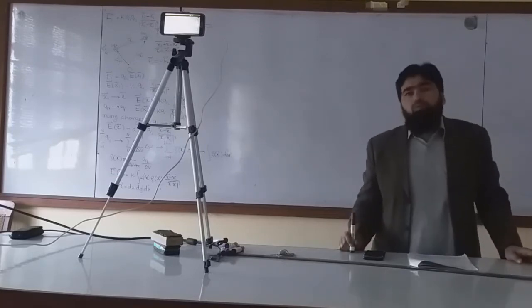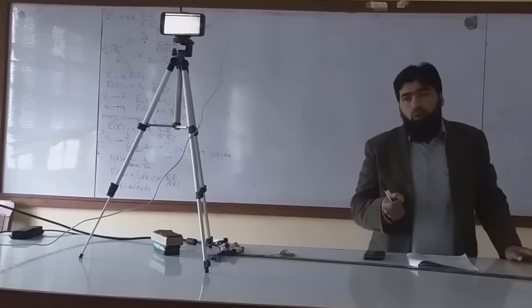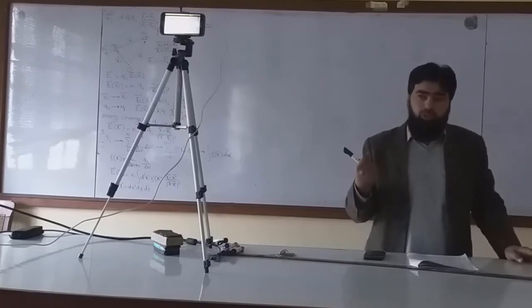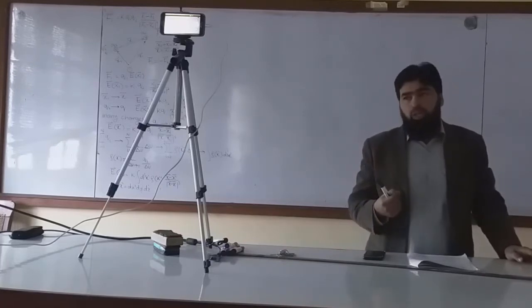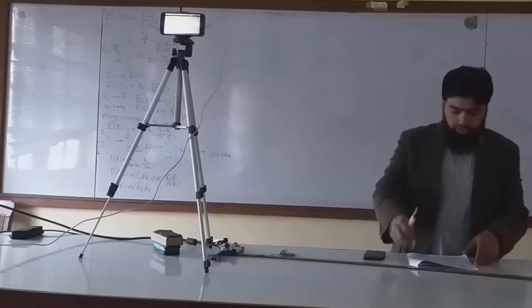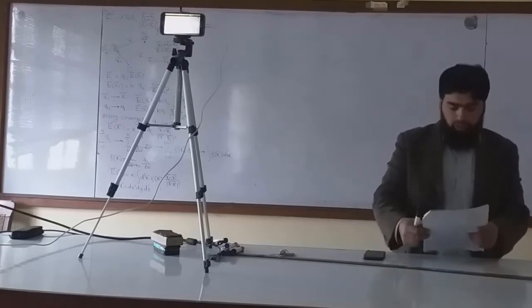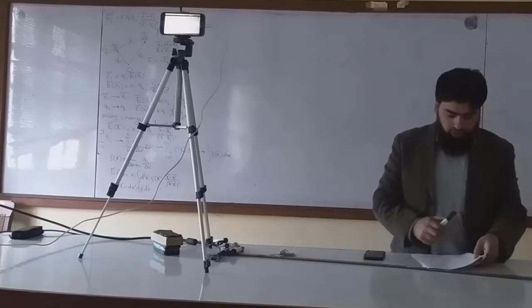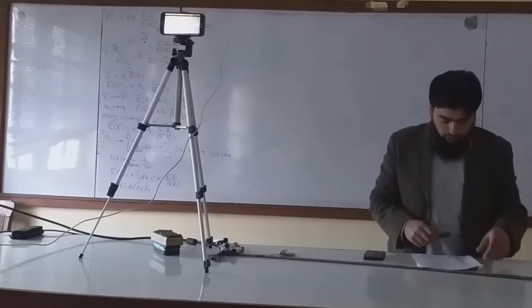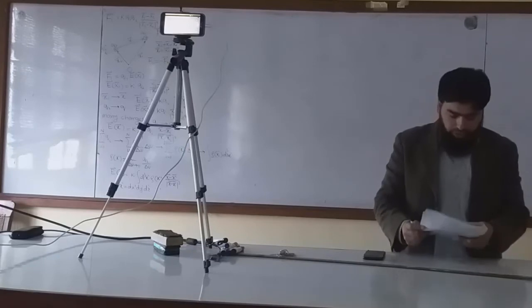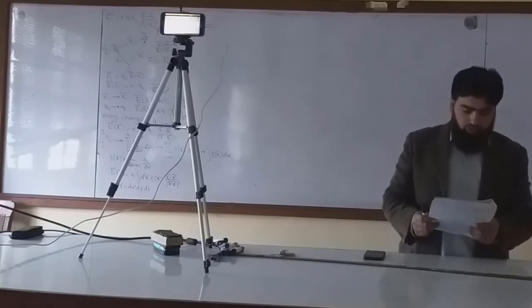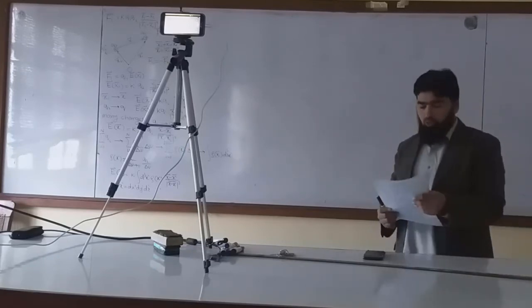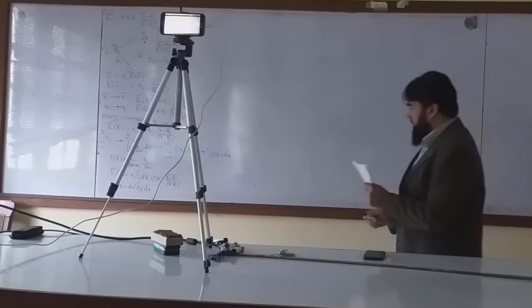So how will we take one point out of this distribution? For that we need a point function, and that point function is the delta function. Yesterday we discussed the delta function in more detail, but let me write a few of its introductory properties.